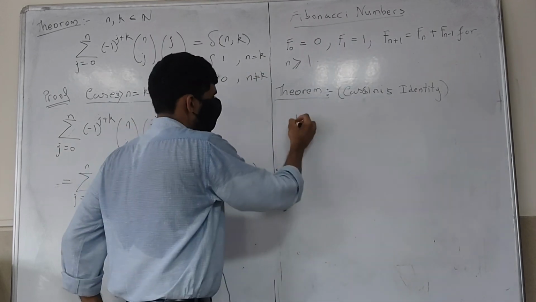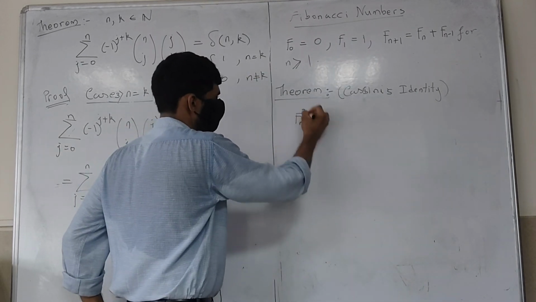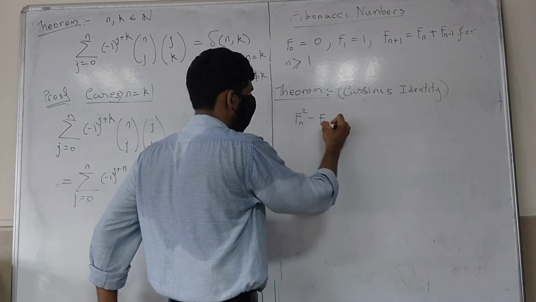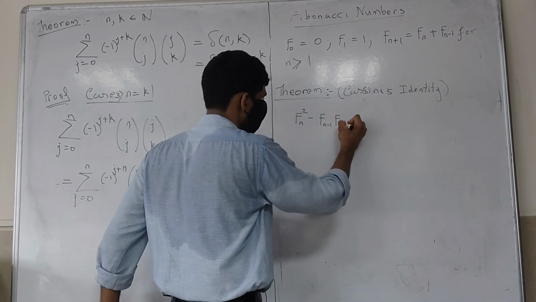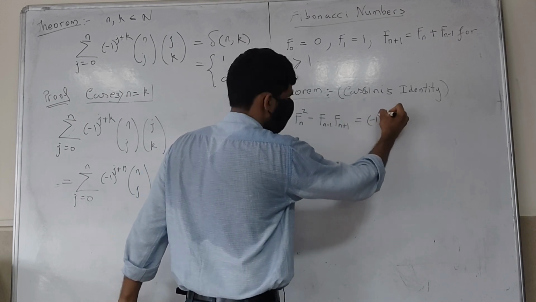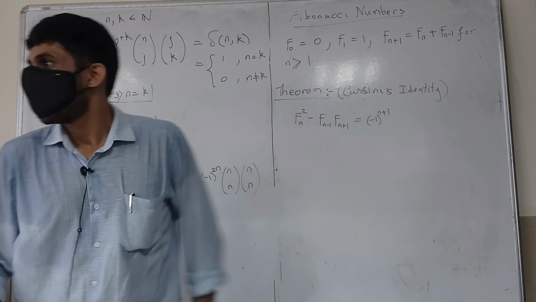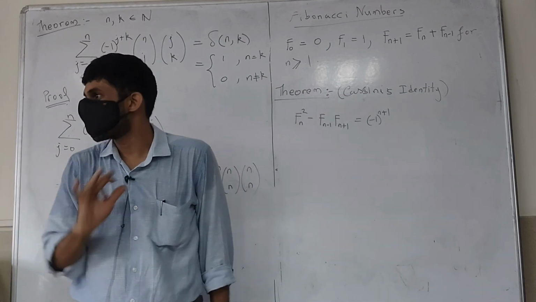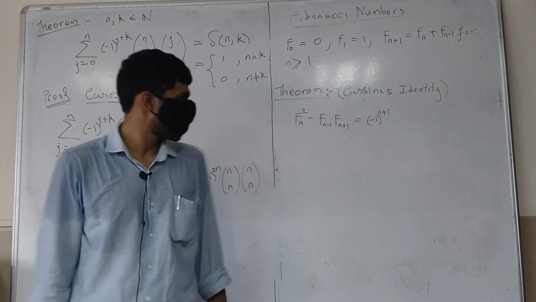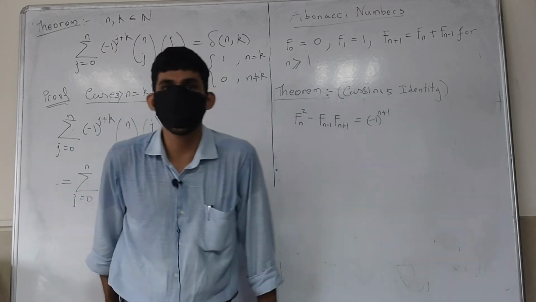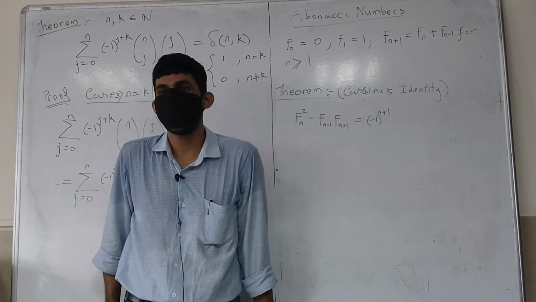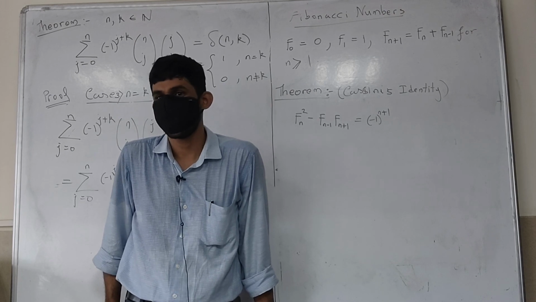By looking at it, can anyone tell me what it tells us about fn and f(n+1)? In number theory, it gives us an important result about fn and f(n+1). Can anyone spot it? You all have seen this before. Can anyone spot what it tells us about fn and f(n+1)? Any idea?